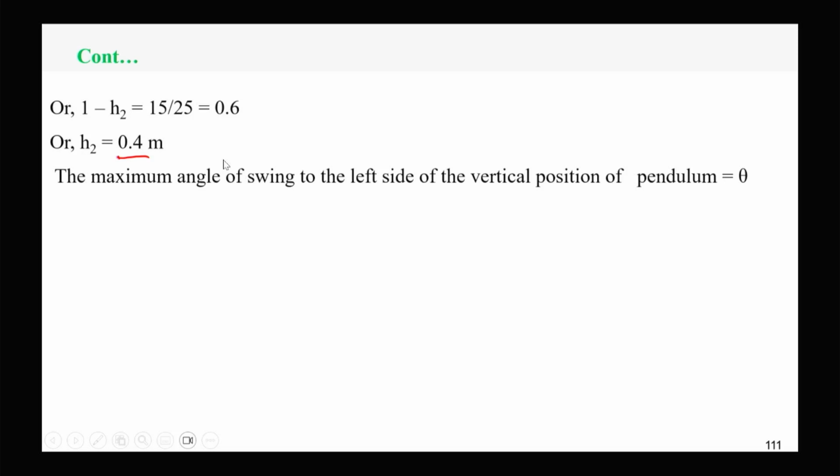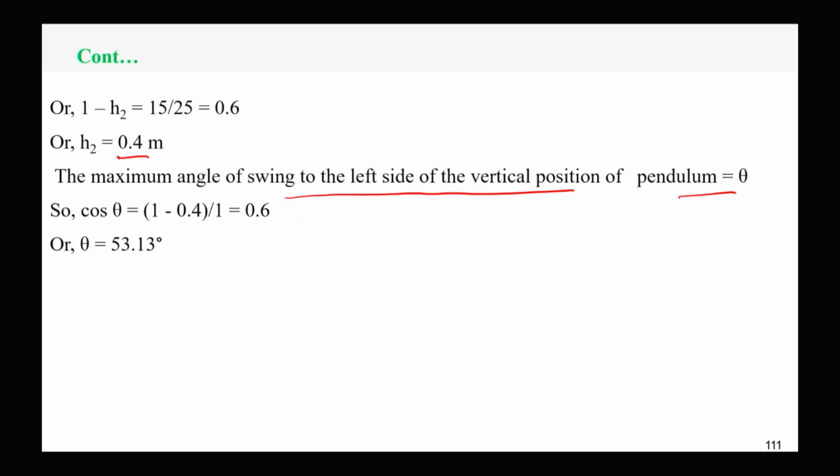We have already seen the maximum angle of swing to the left side of the vertical position of the pendulum is theta. So here, cos theta equals 0.6, that we have seen.